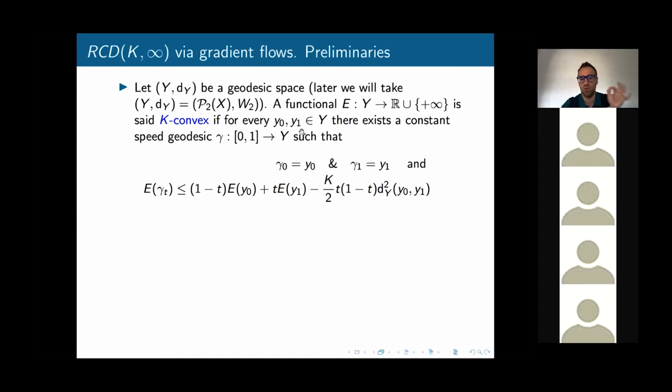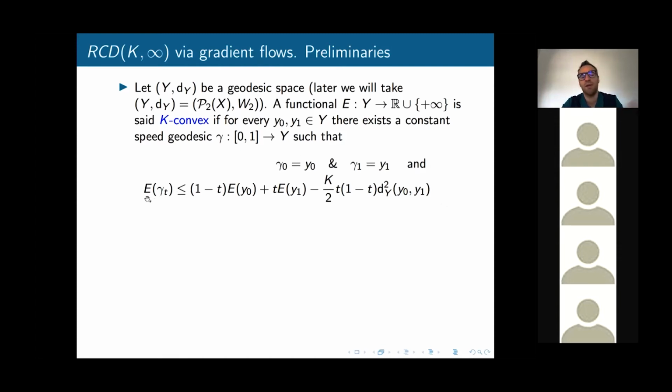So we are given 2 points Y0 and Y1. We want that there exists a constant speed geodesic joining these 2 points. And we ask that this convexity condition holds along this geodesic.